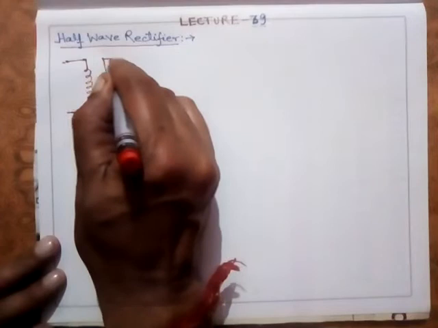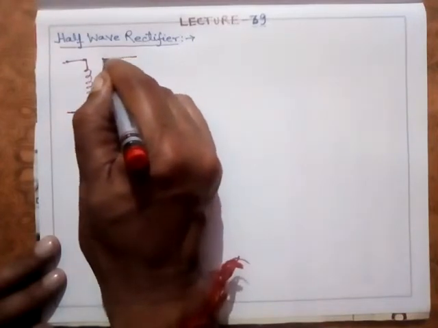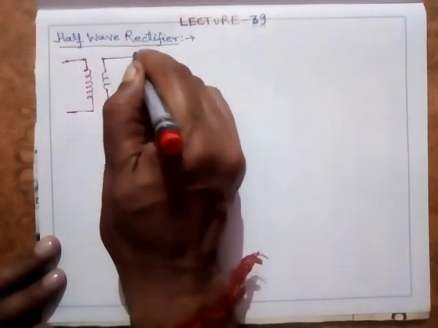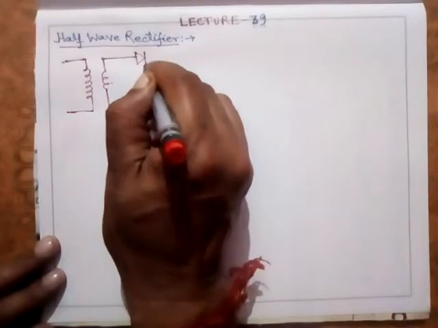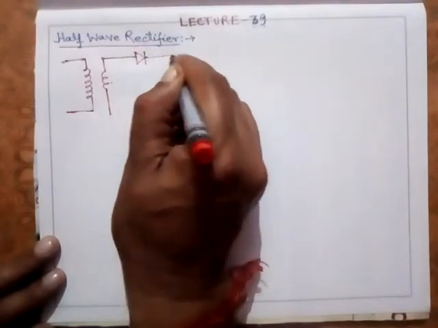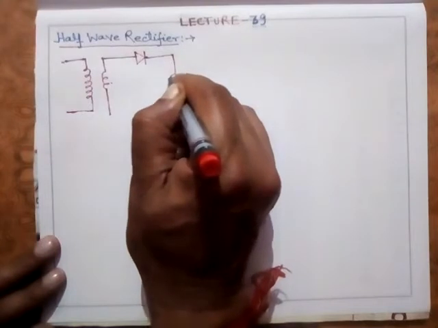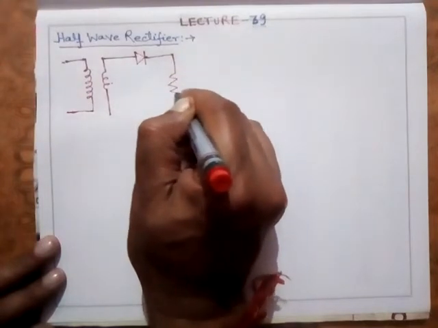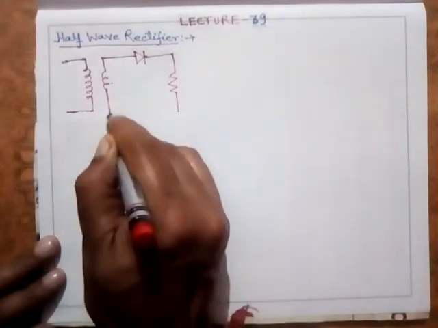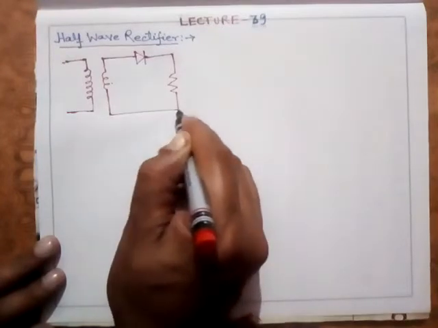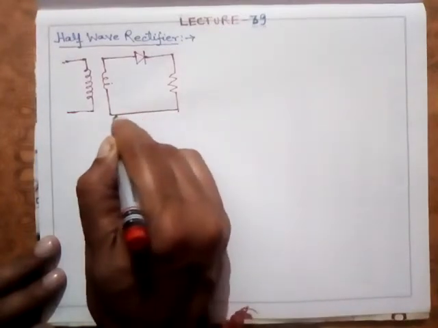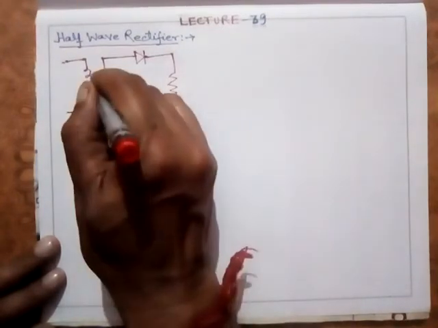And suppose I am using a diode here. This is a diode, followed by a load resistance. At the output I'll get a pulsating DC, and this is the simple circuit of a rectifier.